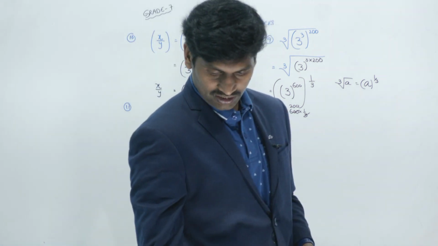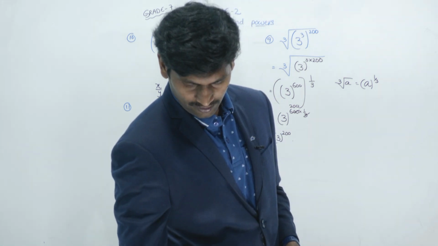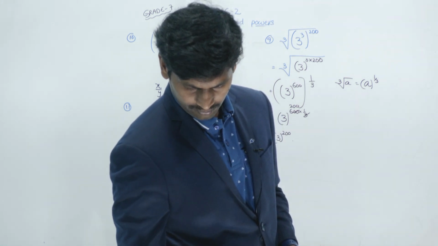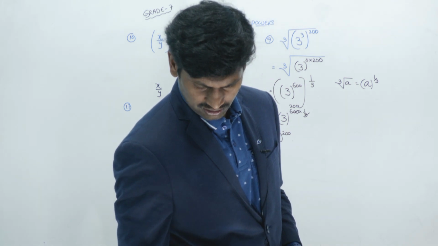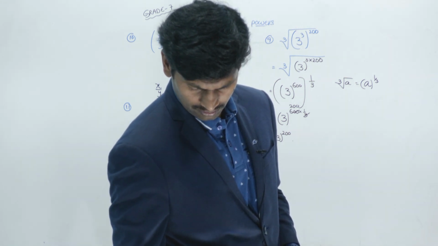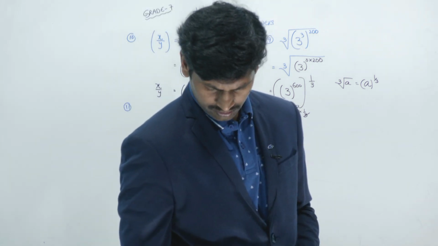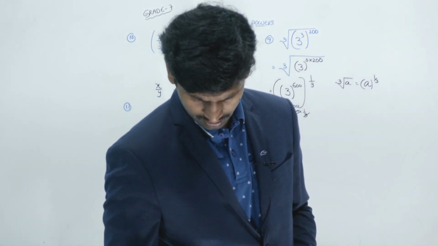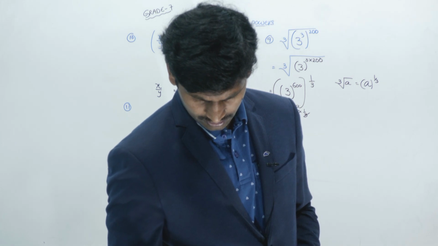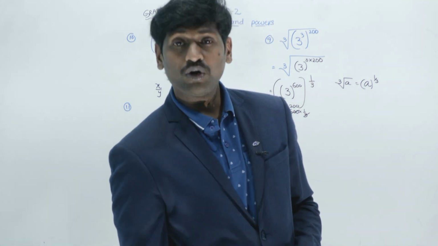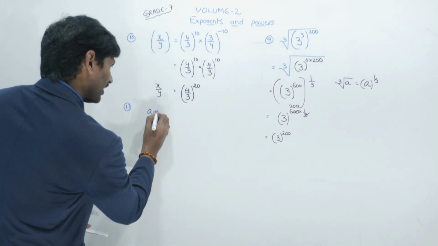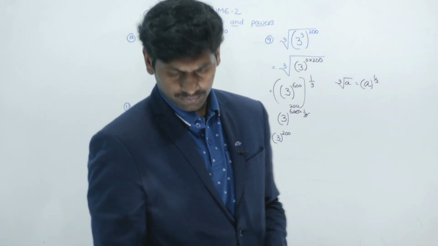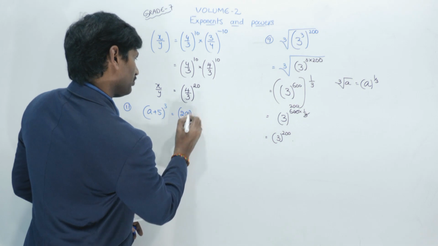Let us see this problem, the 11th one. If a plus 5 whole cube is equal to 2a whole cube, it is given that 2a whole cube.